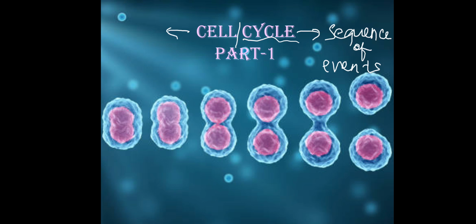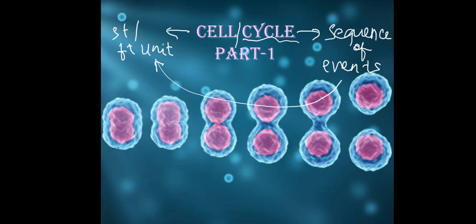Cell is a structural and functional unit of organism. So cell cycle is nothing but the sequence of events of the structural and functional unit of the organism.